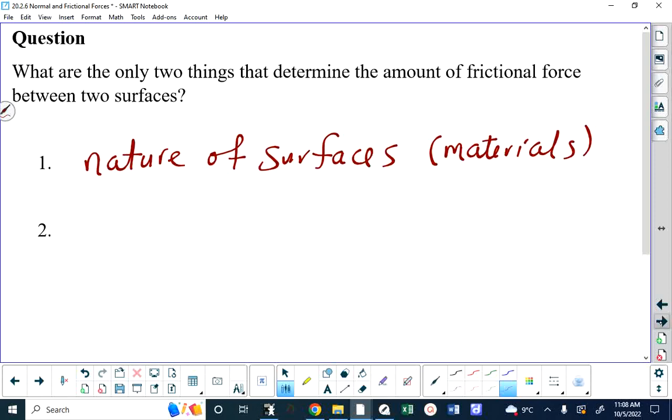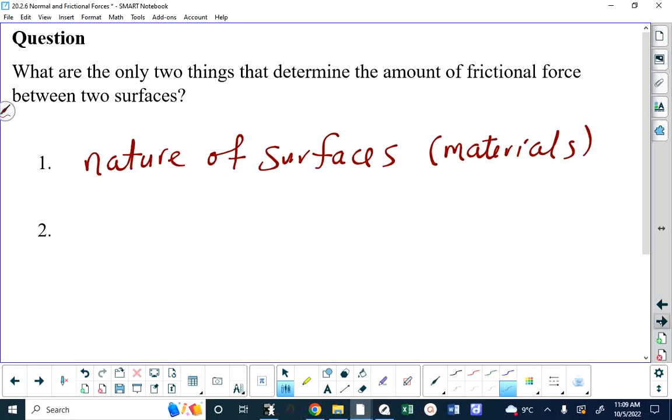What changes, and we talked about it today, what changes when you increase the mass? Well, the weight changes. What changes when you change the angle? The weight doesn't change though, does it? What's changing? You know what's changing is the amount of force that the surface is pushing against the object with. The normal force is changing.